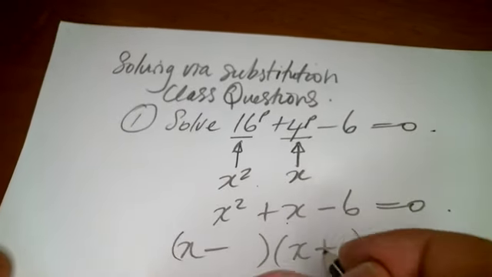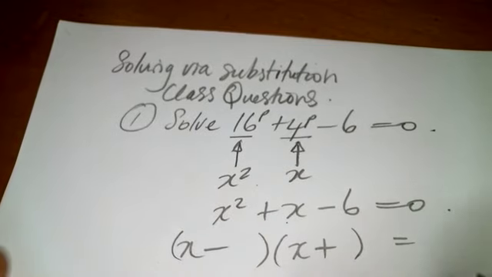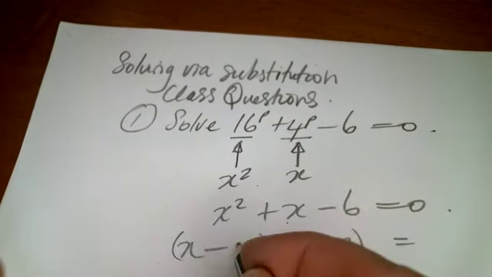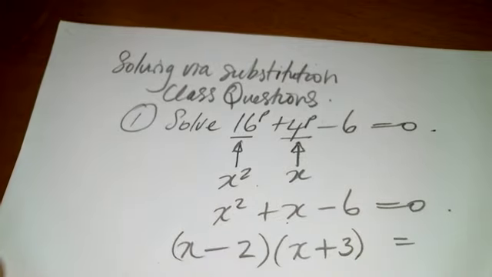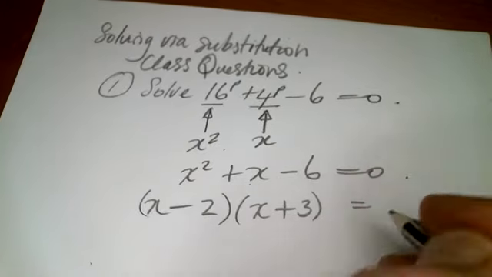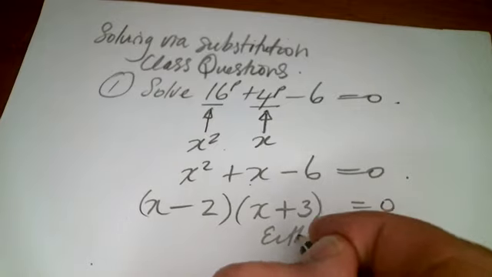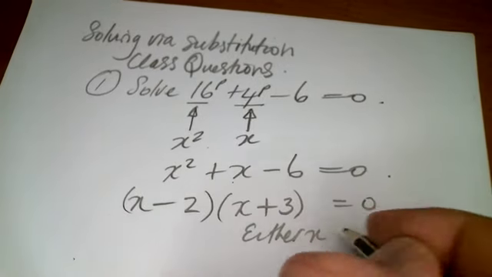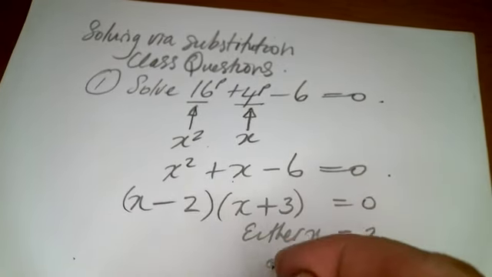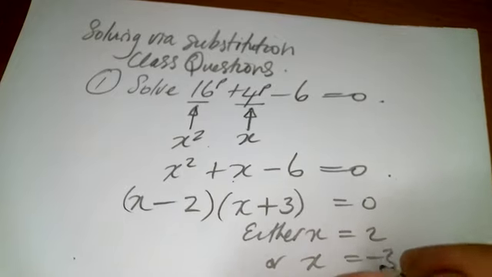Signs are going to be different. The biggest is going to be positive, and factors of 6 are 1 and 6, 2 and 3. 3 is going to be the biggest one, so 3 goes next to the plus, and the 2 goes next to the minus. So that means that either x is equal to 2 or x is equal to negative 3.